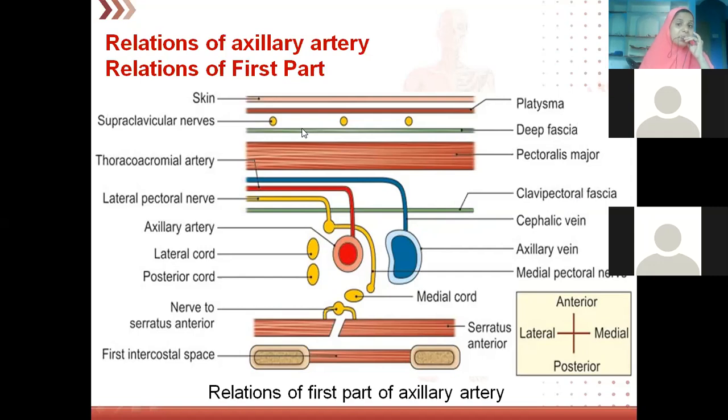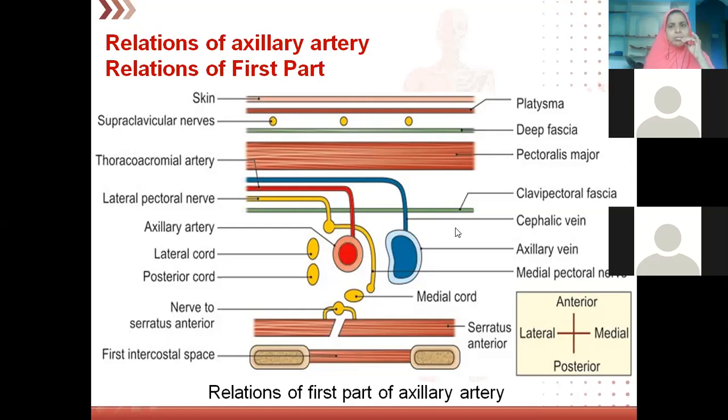For the first part of the artery, we do not see pectoralis minor or subclavius at this level; instead we find clavipectoral fascia pierced by three structures. The clavipectoral fascia is an important 3 or 5 marks question. Yesterday we talked about structures piercing it; the same three names come now.